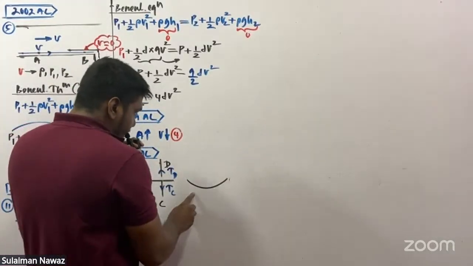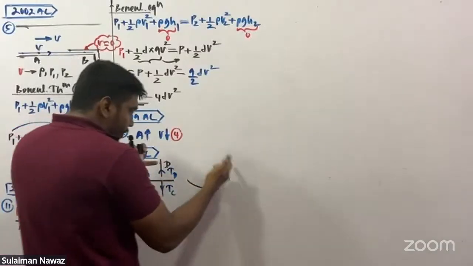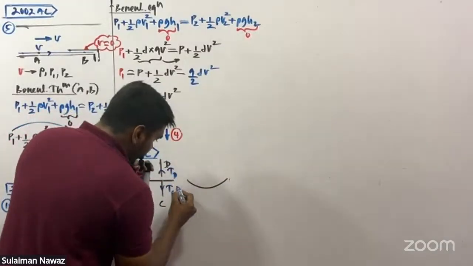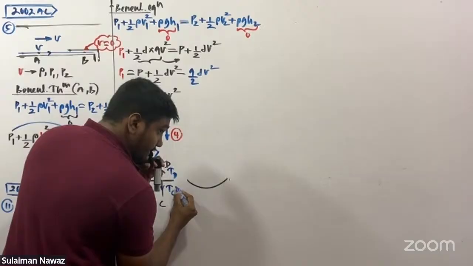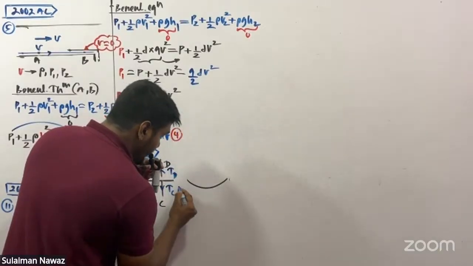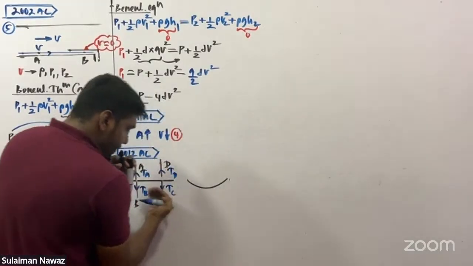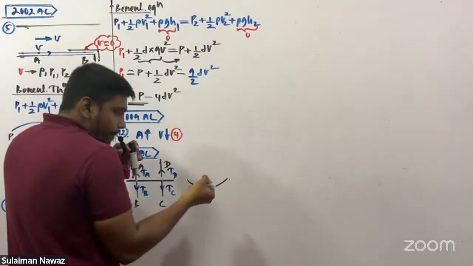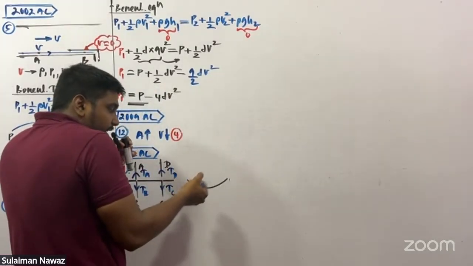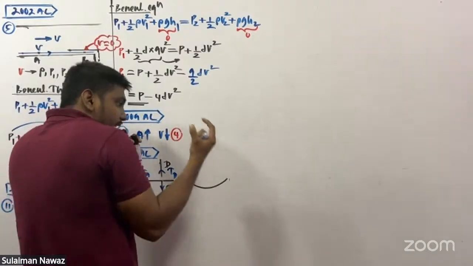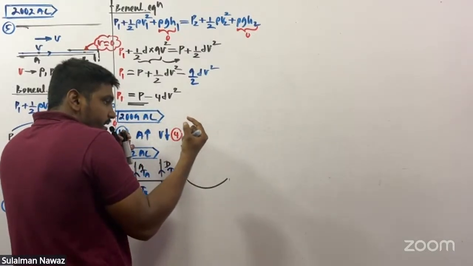Then what happens? Due to the shape of the sheet, we notice the streamlines. In the BC side, the gap between adjacent air streamlines becomes less.